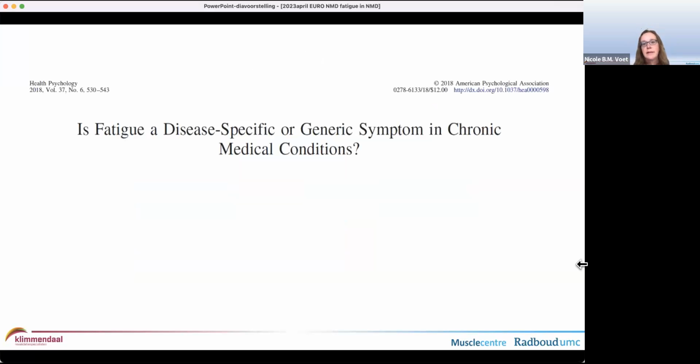That raises the question, because the model is applicable to more conditions: is fatigue a disease-specific or a generic symptom in chronic medical conditions? These researchers analyzed the results of different trials in NMD, but also in fatigue after cancer, in multiple sclerosis, Parkinson's disease, even chronic fatigue syndrome.